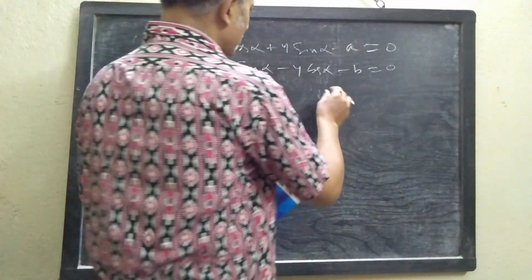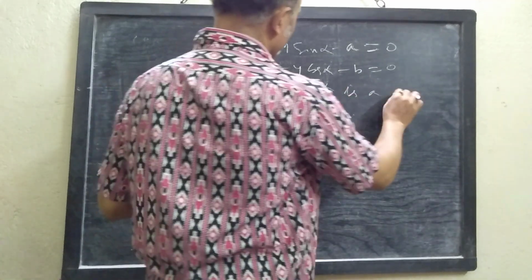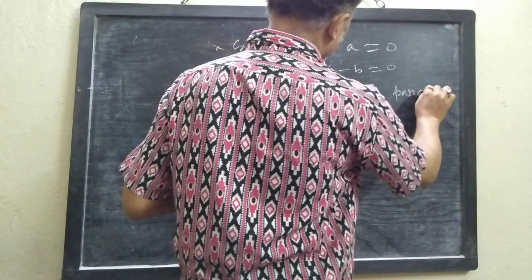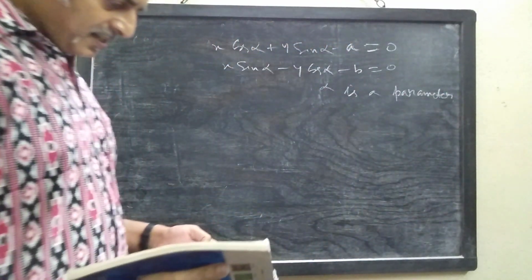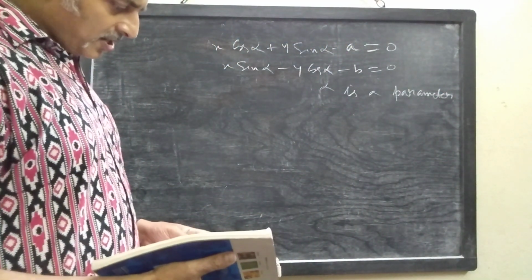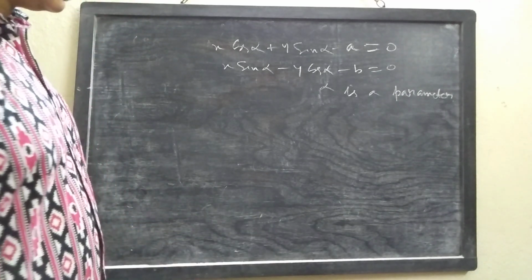Alpha is the parameter. And you are asked to find the locus of the point of intersection of these two straight lines.